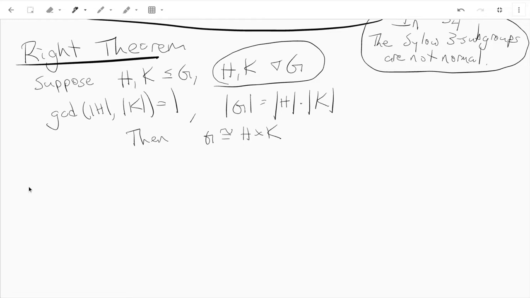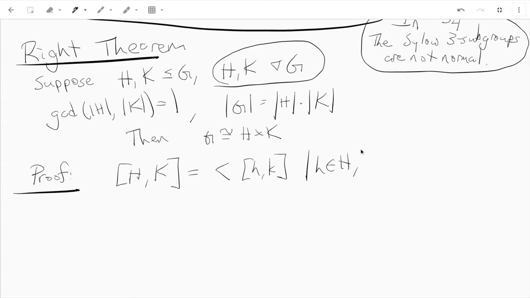Let's try and prove our corrected theorem, just for completeness' sake. Proof. First of all, look at the commutator subgroup of H and K, in other words, the subgroup generated by commutators of elements of H and K. We claim that this is contained in both H and K, so in their intersection.